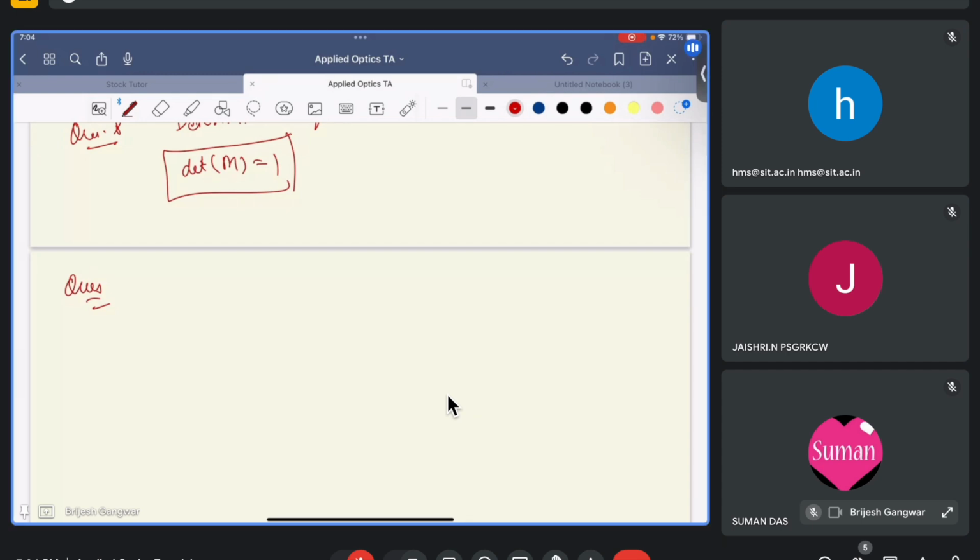So, the nodal planes coincide with the unit planes when? Sir has told you about nodal planes, right?